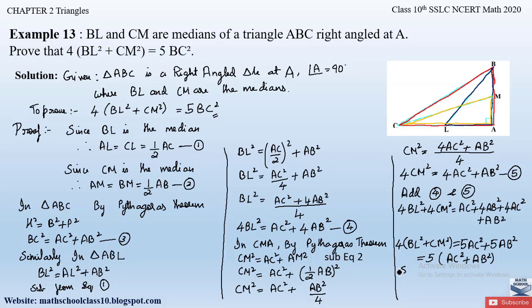Substituting equation 3, we can write AC square plus AB square is equal to BC square. So 4 into BL square plus CM square is equal to 5 into BC square. Okay, so this is what we had to prove, right? So this is how we solve this problem.